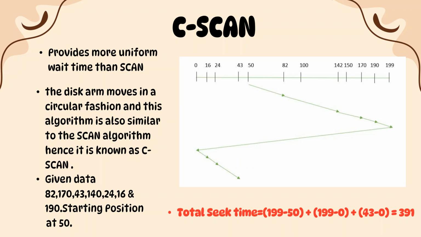After that, the disk arm moves in increasing order. Let us compute the seek time: 199 minus 50, 199 minus 0, then 43 minus 0. The total seek time is 391. So this is nothing but C-scan.